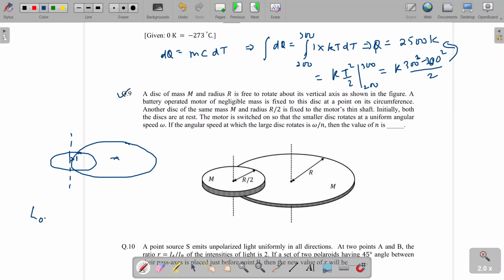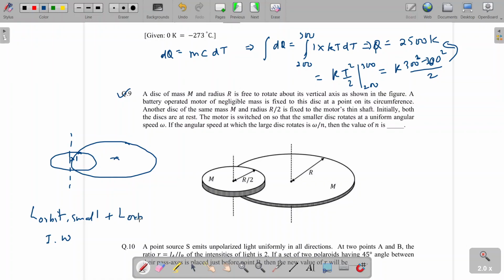So we'll say the angular momentum of the smaller disk is the moment of inertia of the disk about its axis times the angular speed omega, plus the orbital angular momentum, which is mvr.